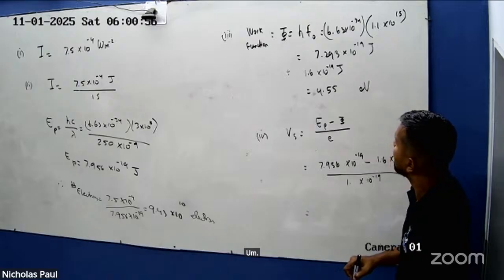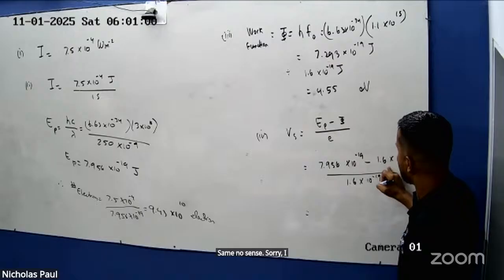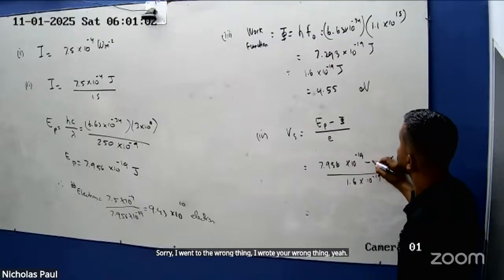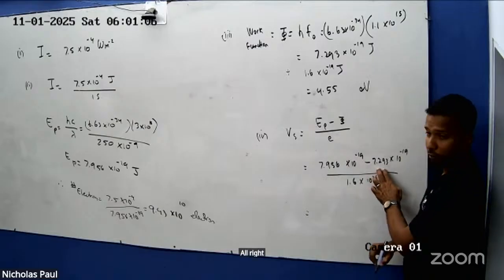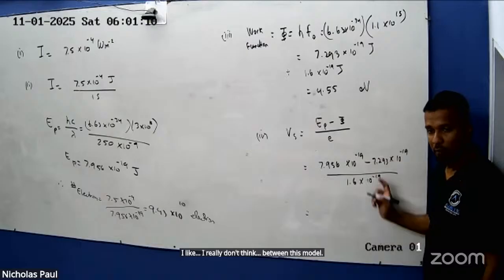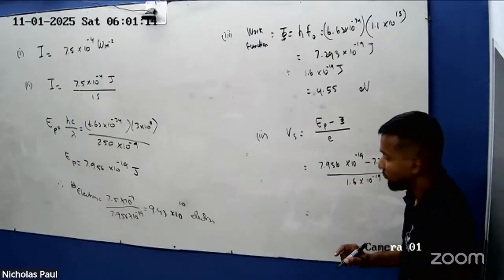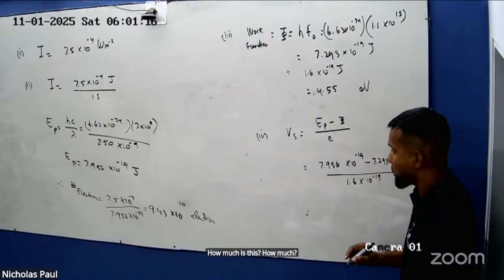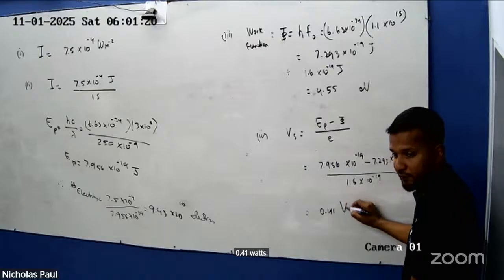Yeah, 1.602. Sorry, I read the wrong thing here. What's this value? How much is this? 0.41 what? Volts. Very good.